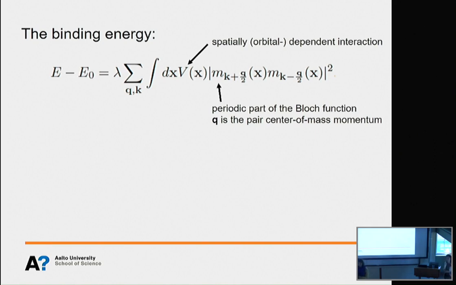I just wanted to know, is it sensible to think about the symmetry of the paired wave function, like you do in BCS theory? Like orbital symmetry, s-wave, p-wave pairing. Is it sensible to think in those terms, or do you have to think in a different way? Well, we have so far looked at s-wave pairing.